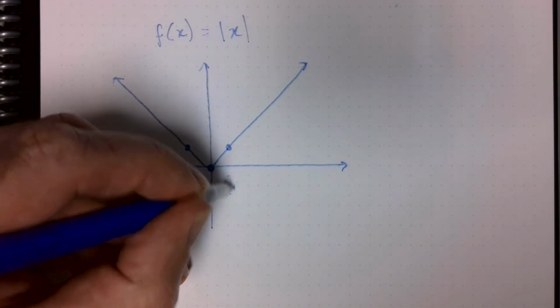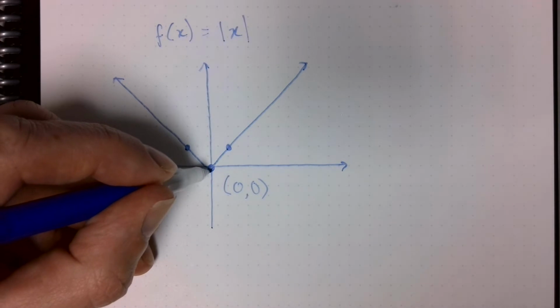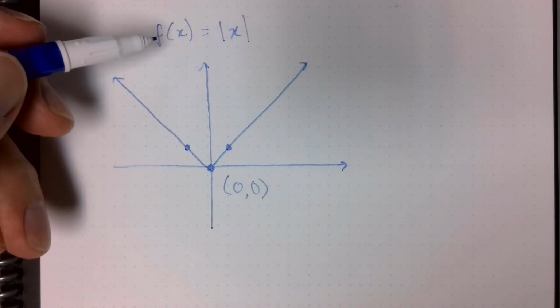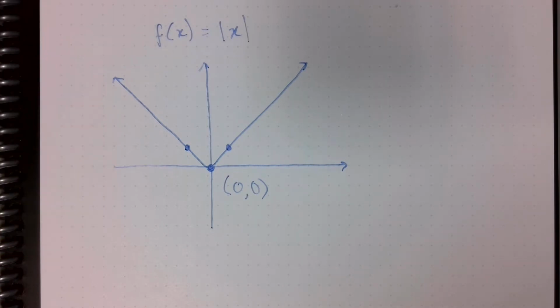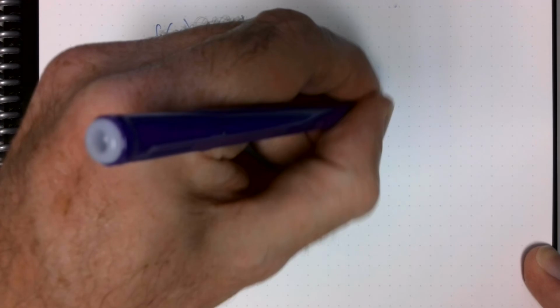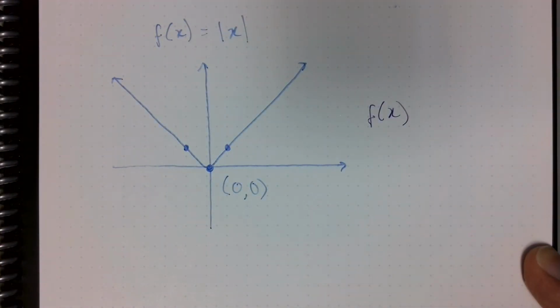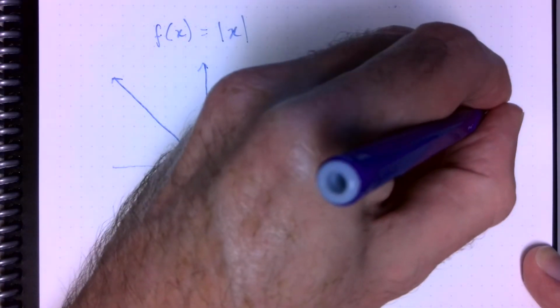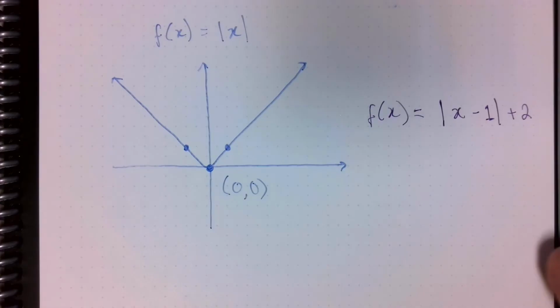Okay, so for example, 0, 0 is an anchor point on the original function's graph. So if I were to, let's say, graph the function f of x equals absolute value of x minus 1 plus 2.